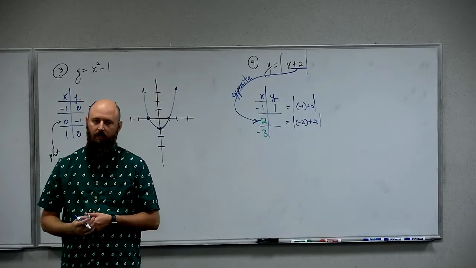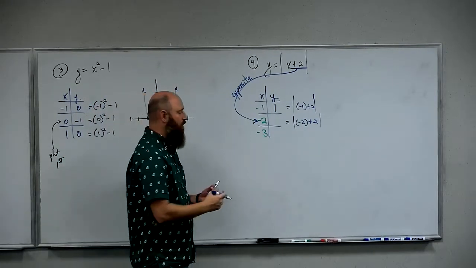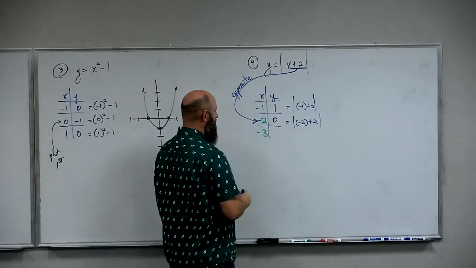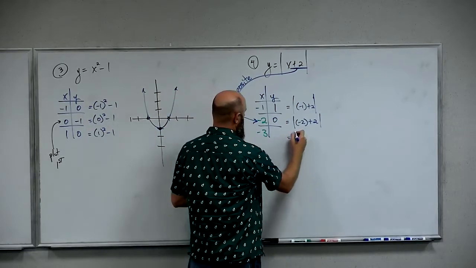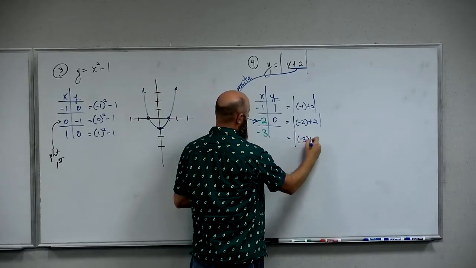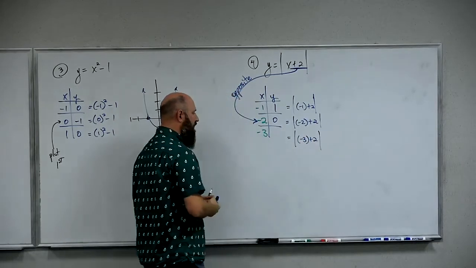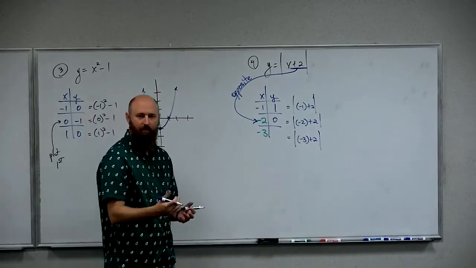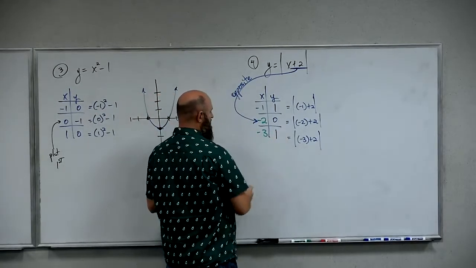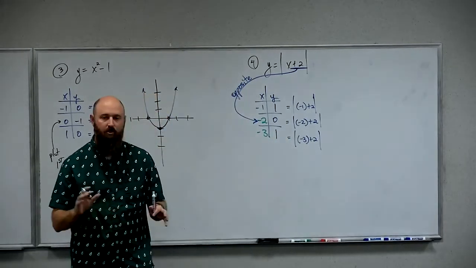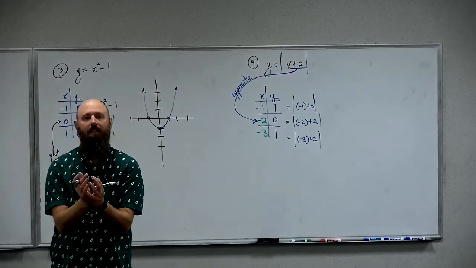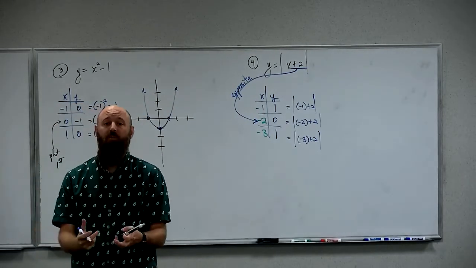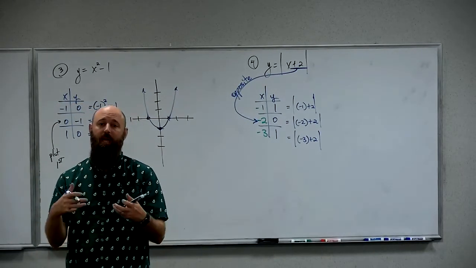The absolute value of 0 is 0. And finally, -3 plus 2. -3 plus 2 is a -1. The absolute value of a -1 is a +1. Okay, so we do the work inside those bars as is, and then we take whatever the result of that is and make it positive.